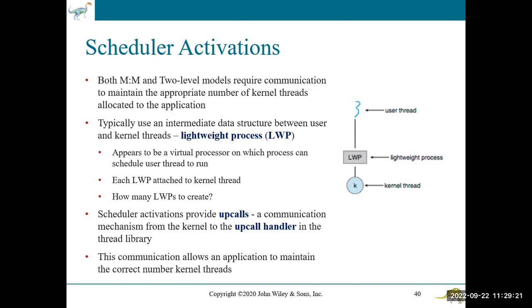When you have an interest that propagates from the kernel thread to the user thread, it's called an upcall handler, right? So whenever you're moving from the kernel to the user, a lightweight process is executing an upcall handler. So it's from lower privilege to user.